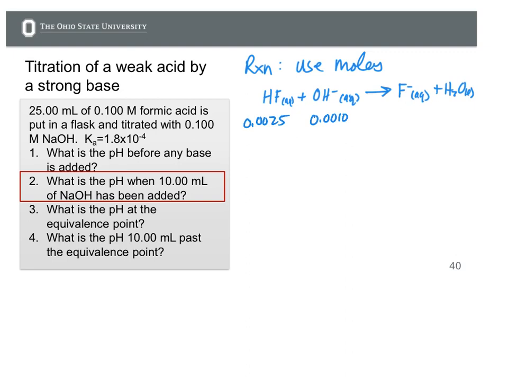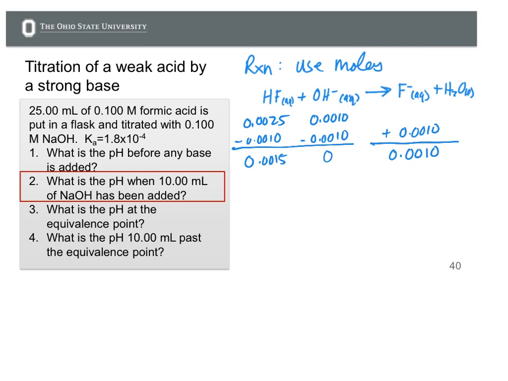Again, this is a limiting reagent problem, so we'll do minus 0.0010. And so we'll have 0.0015 for HF, 0 for OH minus, and 0.0010 for F minus. Questions on that?